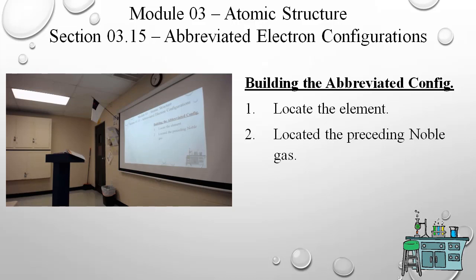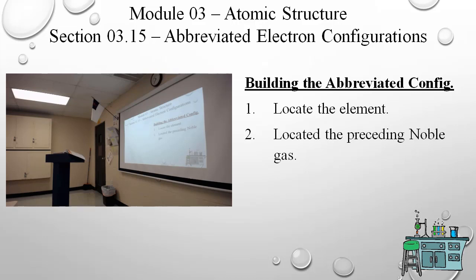I need to locate the preceding noble gas. All I need to do is pop up one row and go all the way to the right. From silver, the preceding noble gas is krypton. From silicon, the preceding noble gas, I go up a row and all the way to the right, it's neon.